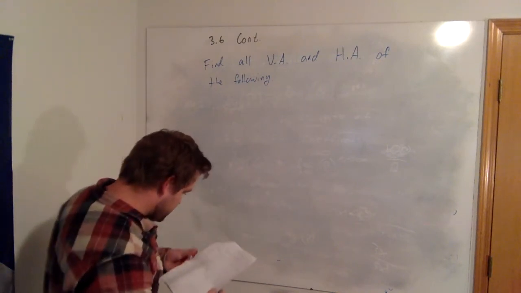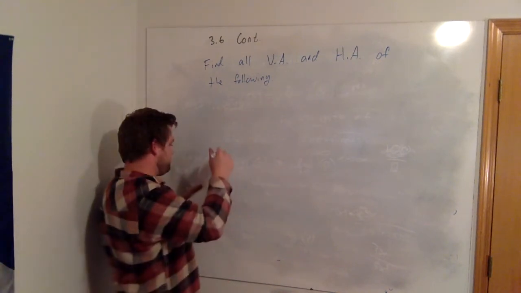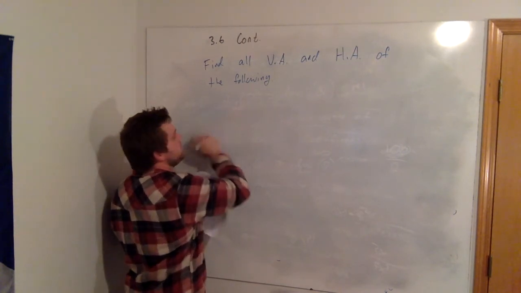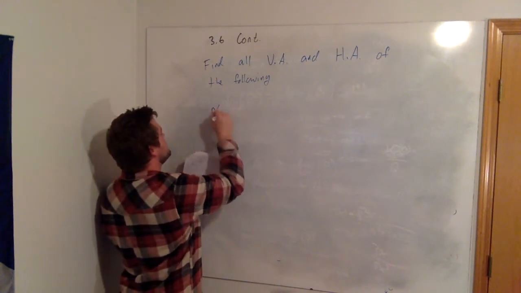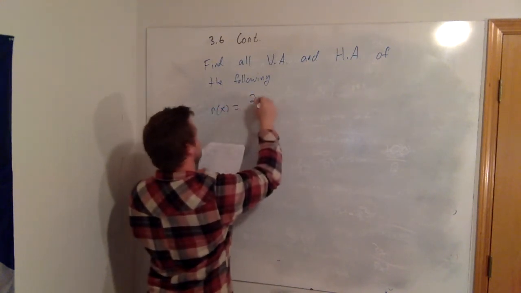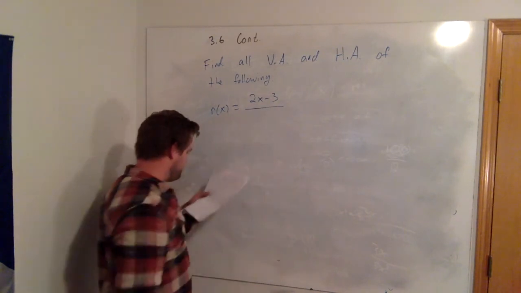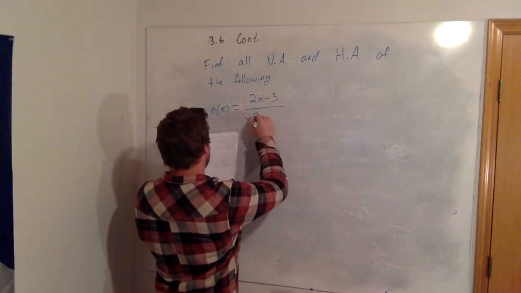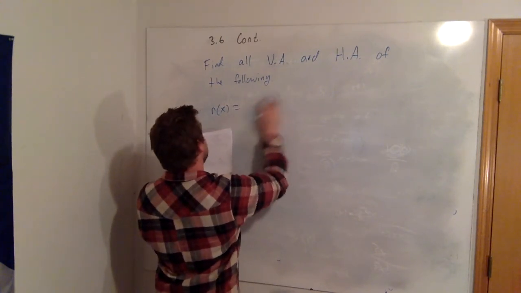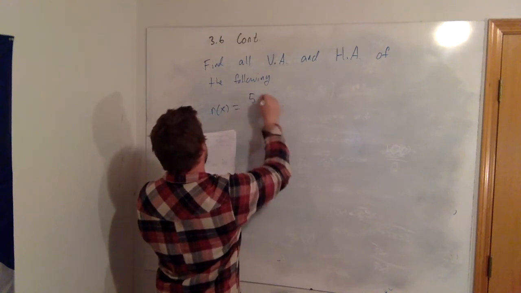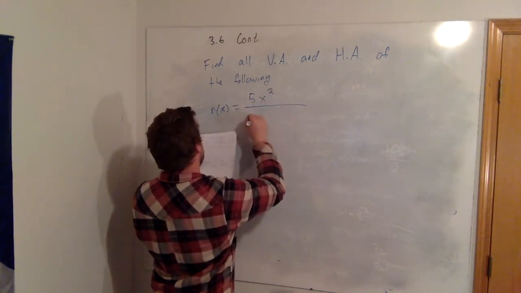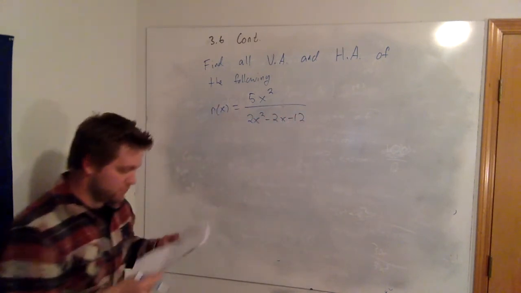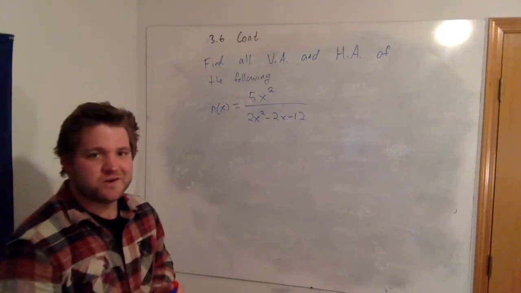As our first example, let's say we have r of x equal to 5x squared all over 2x squared minus 2x minus 12. Okay, so here's our first example. Go ahead and pause the video and give this one a shot.